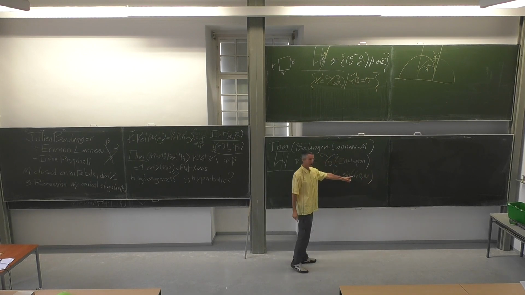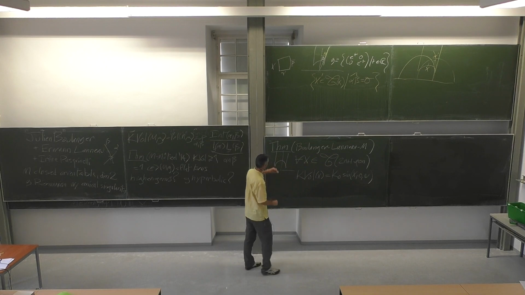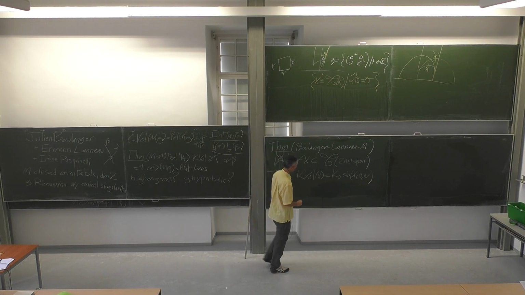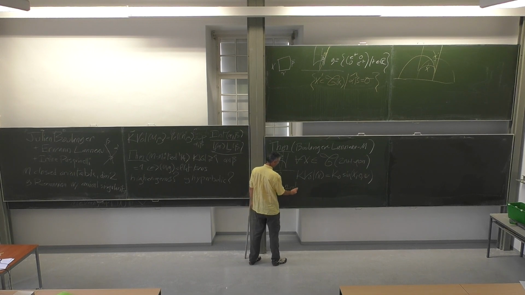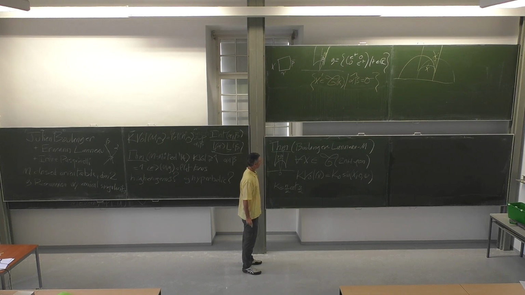So what I called sin of X, 0 and infinity is the geodesic from 0 to infinity, this is X, and this is theta of X, 0 infinity. And k0 is, I believe, n/2 times cotangent of n/2, something like this. So in that case, the result is very simple to state.